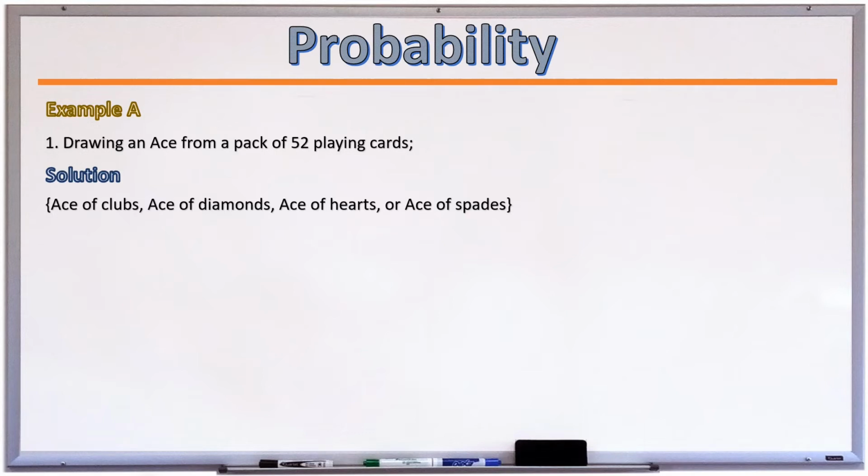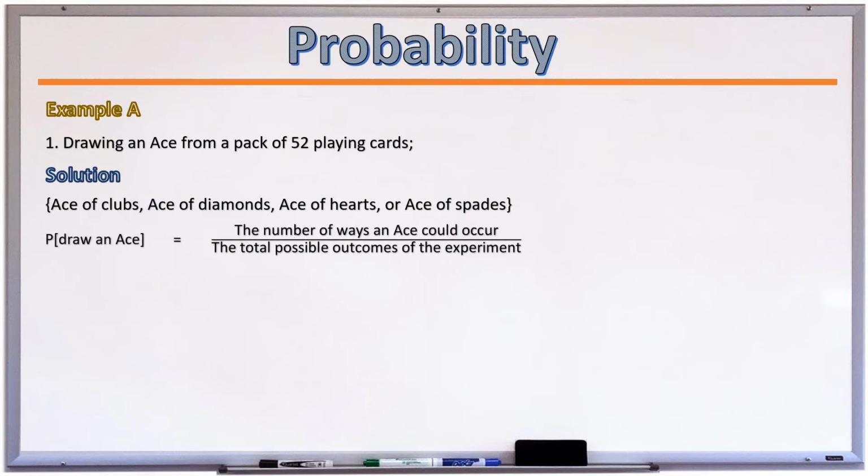Therefore, if we apply the definition of probability above, the probability of drawing an ace would just be the number of ways an ace could occur, which is 4, divided by the total possible outcomes of the experiment, which is 52 possible cards. So the result would just be 4 divided by 52. Simplifying that, we get 1 in 13.